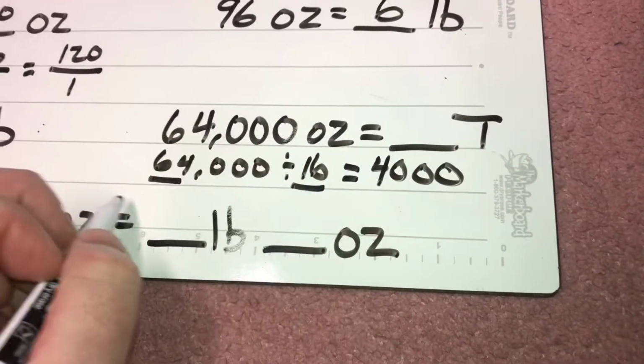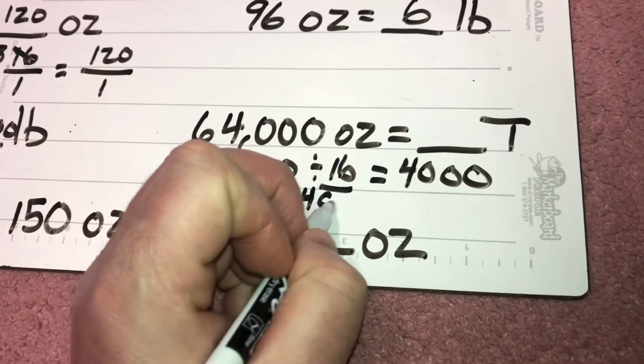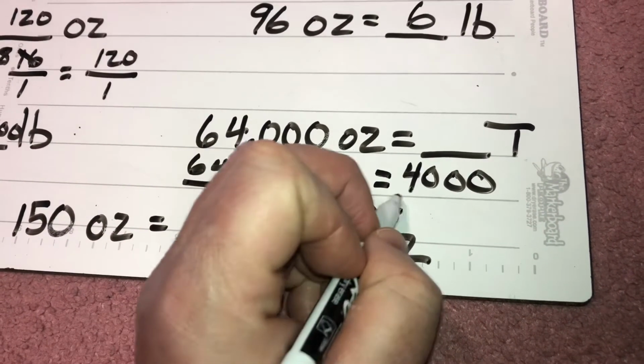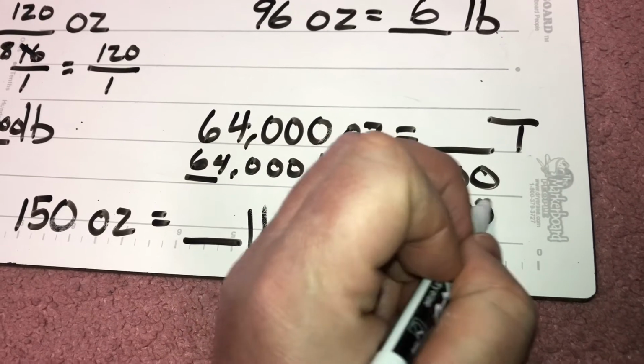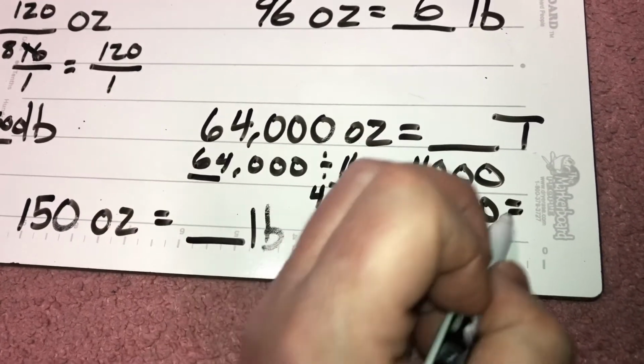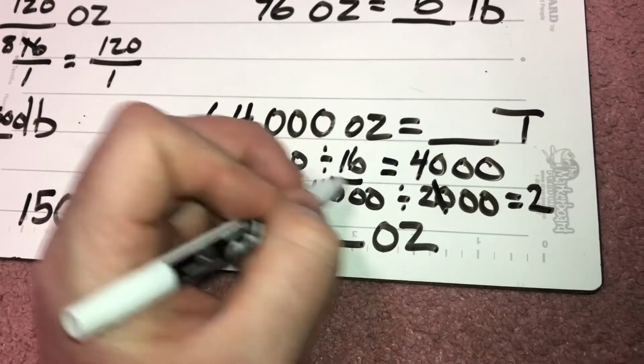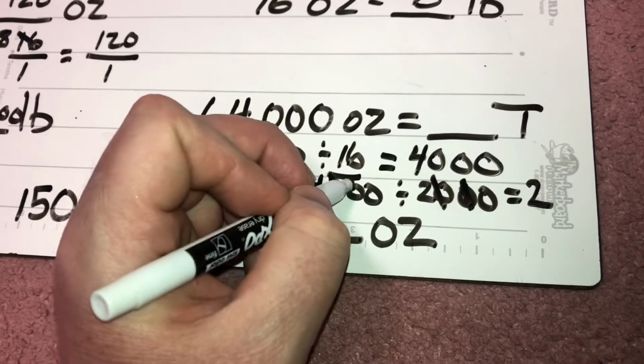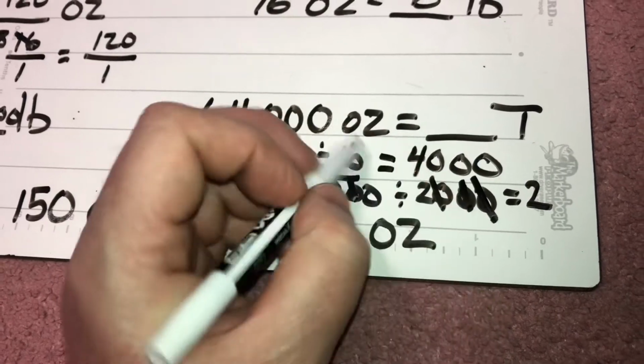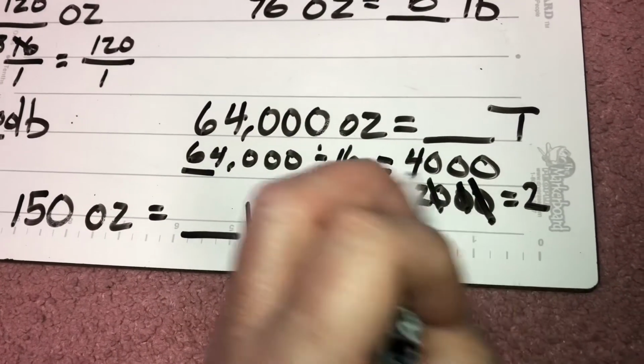So it becomes 4,000 divided by 2,000. 4 divided by 2 is 2. I can cross out the zeros here, nothing left.